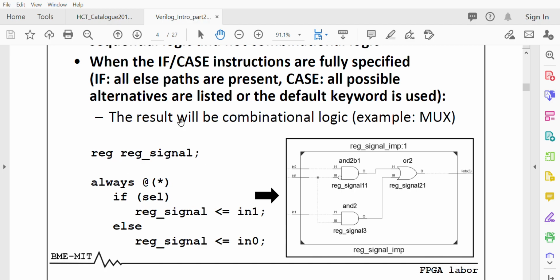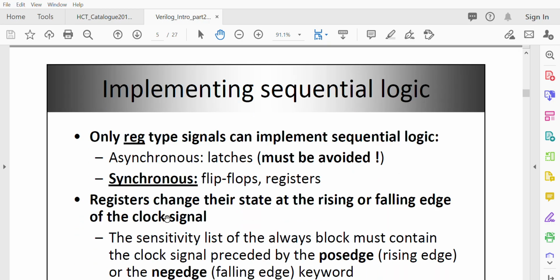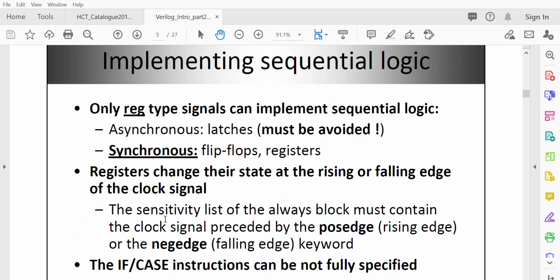To describe a multiplexer, we use the else statement. If sel is high, then reg signal is connected to in1, else reg signal will be connected to in0. So the if statement is fully specified, and this will not generate a latch.